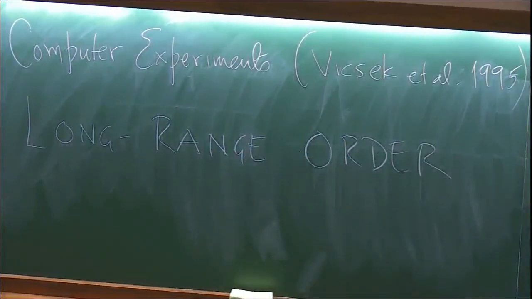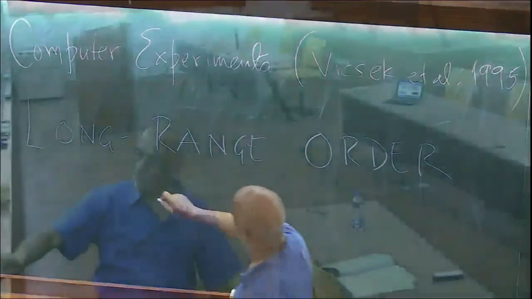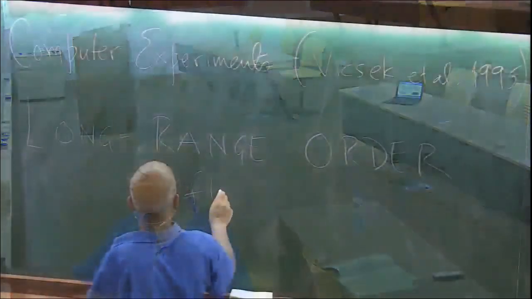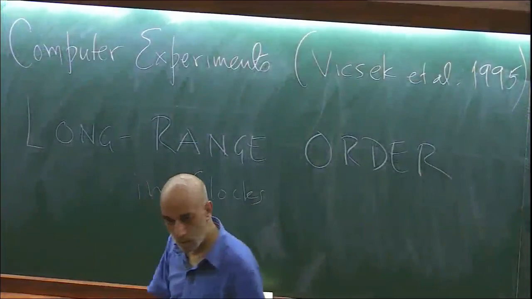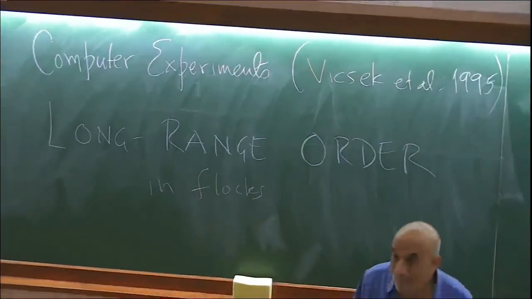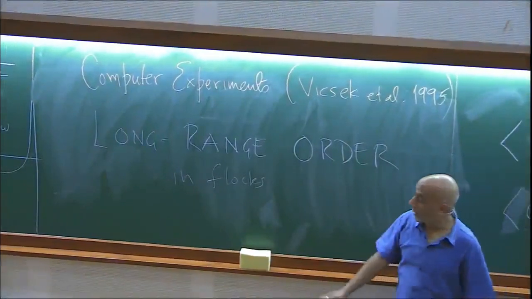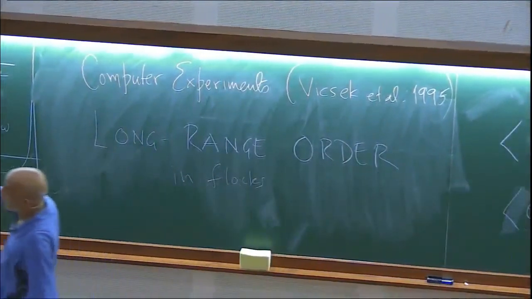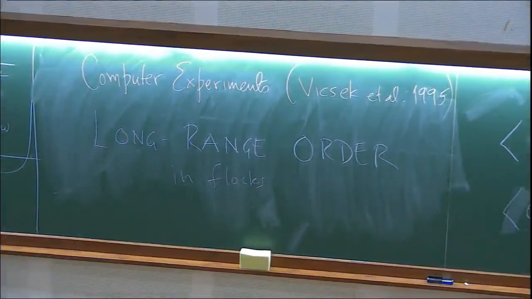So this is okay for the XY model. But not for the flock. So one of the questions is, why the hell? Clearly the answer must have to do with the fact that this isn't the XY model.